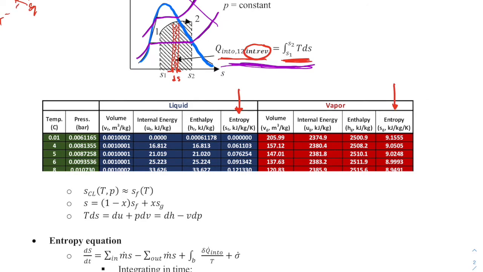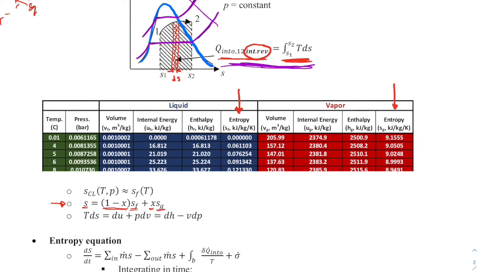So if you're dealing with a saturated liquid-vapor mixture, we can always go back to our standard way of calculating a property, where the specific entropy would be 1 minus the quality times the saturated liquid value for the specific entropy, and then you add in the quality times the saturated vapor value for the specific entropy.